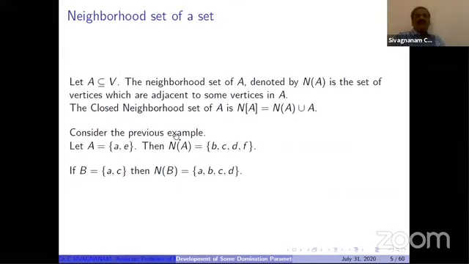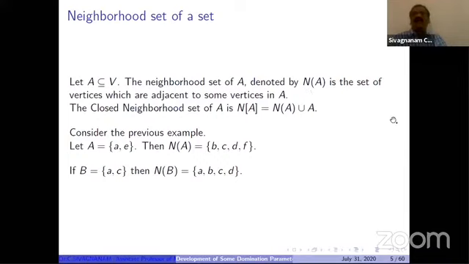What is the meaning of the neighborhood set of a vertex? Suppose we have some set of vertices A. So A is a subset of the vertex set. The neighborhood set of A, we denote by N(A), with open brackets.